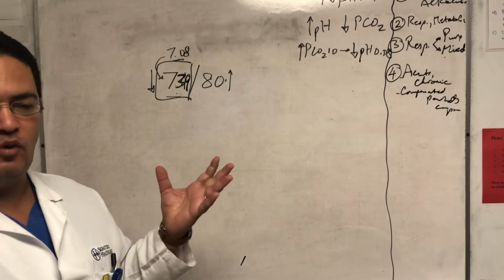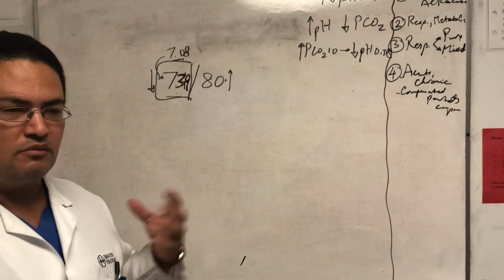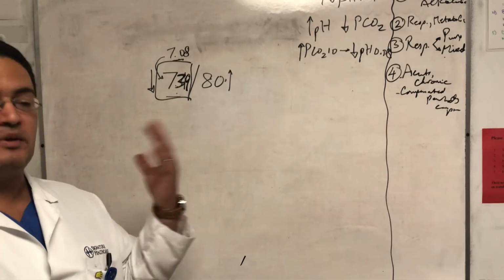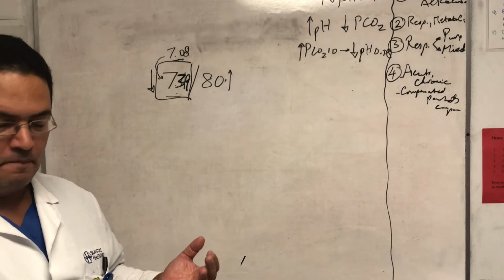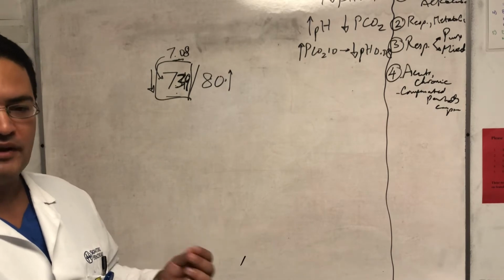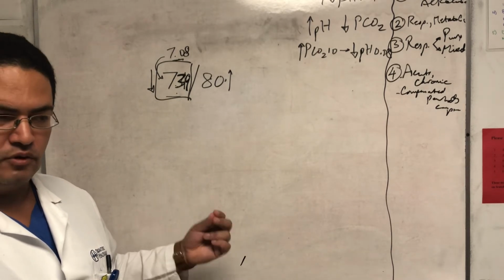But I'll give them one thing. It is the acuteness of the problem that puts you to sleep. That's probably what made people confused. Until now, some people are confused about thinking that the PCO2 is what puts you to sleep. Why? Because the PCO2 crosses the blood-brain barrier much faster than bicarb. It crosses almost instantly. But bicarb takes about 4 hours.